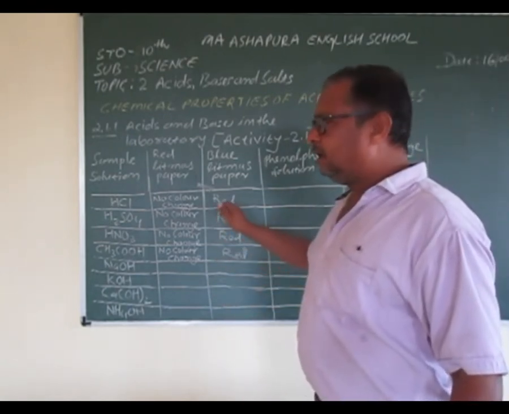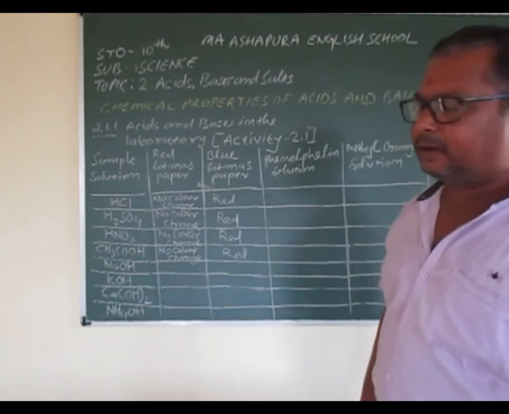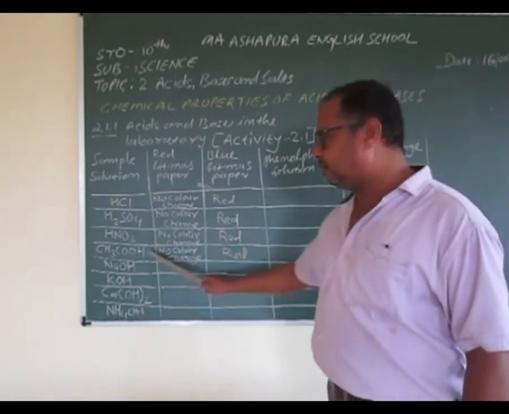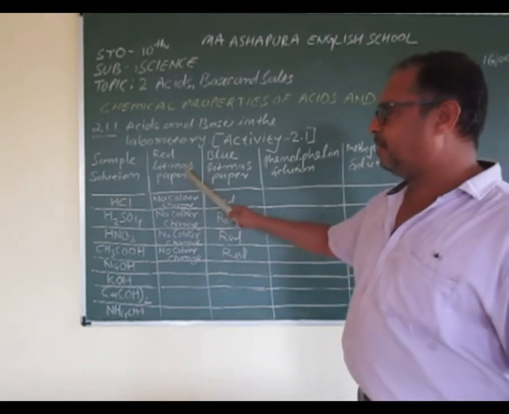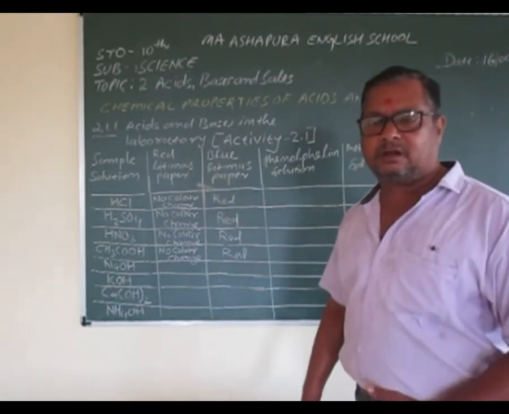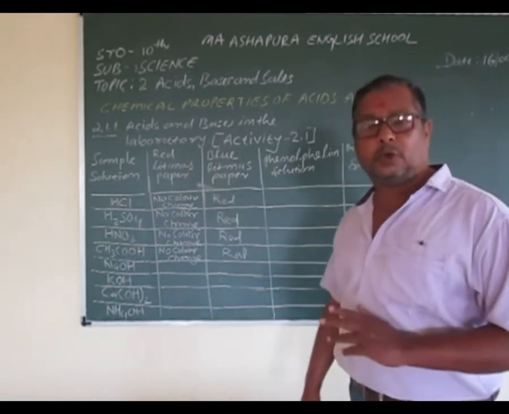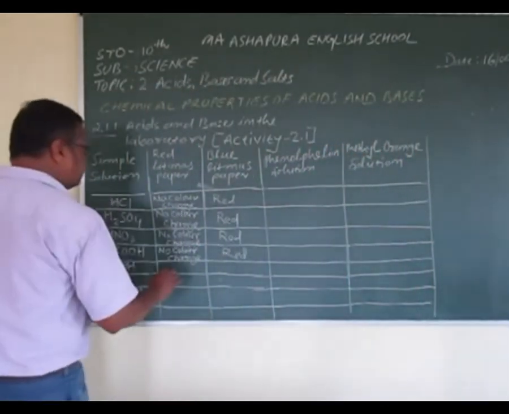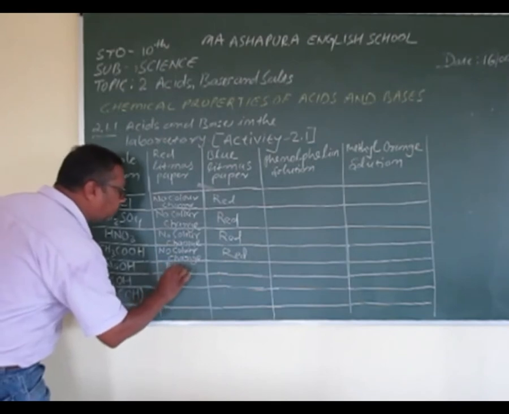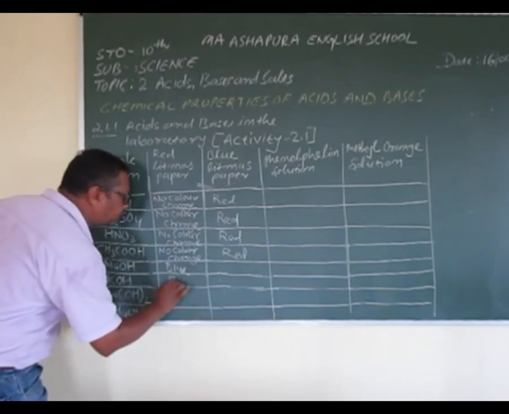When we dip the wet red litmus paper into the solution of the base samples, the red litmus paper changes its color and turns blue. So the color change is blue, and we write down the observation.